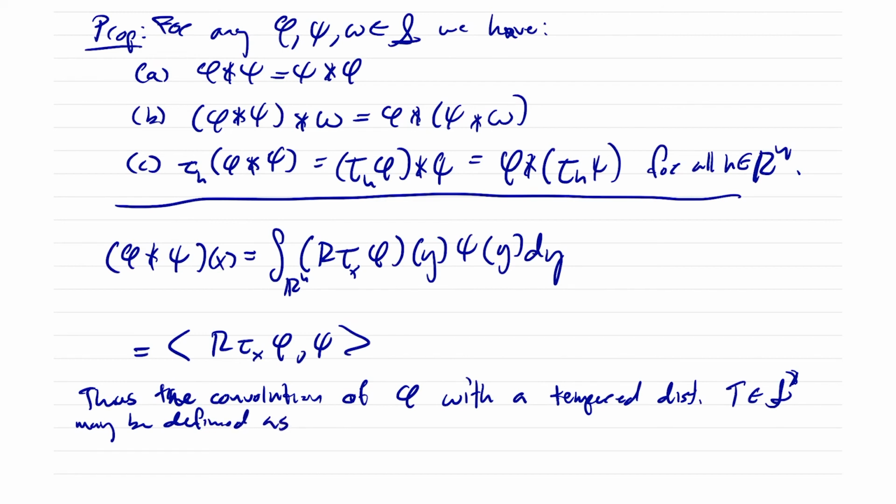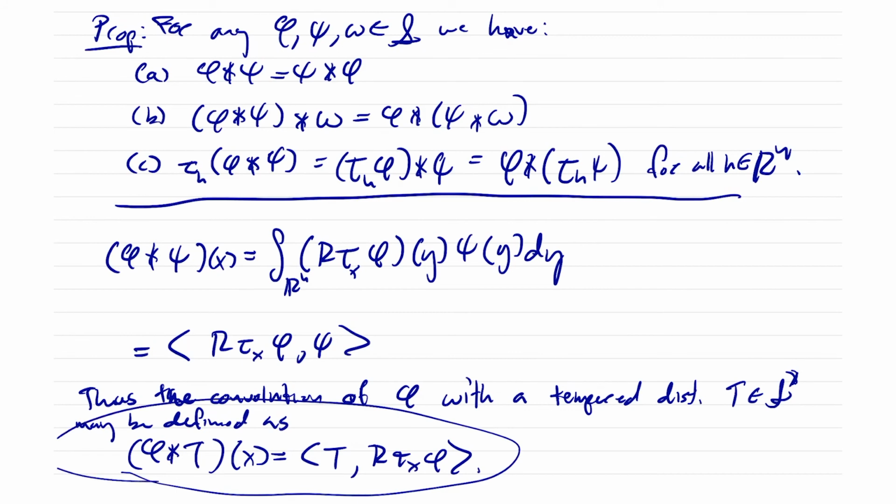We're going to say that phi convolved with a distribution T, evaluated at x, is equal to T against R tau x phi. Okay, so we saw that it would work out for regular distributions here, and so now we just extend that same idea over here.